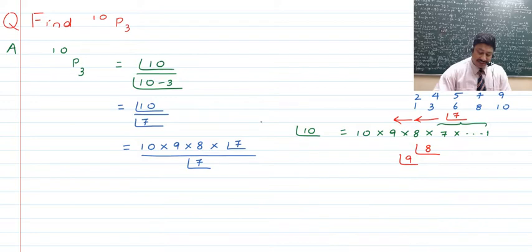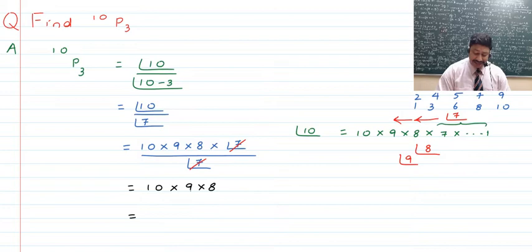Now children, you get to see that factorial 7 will get cancelled from the numerator and from the denominator, and thus finally you will get 10 into 9 into 8, which can be multiplied as 8 into 9 is 72, into 10 will become equal to 720, which will then become the value of 10P3, right?